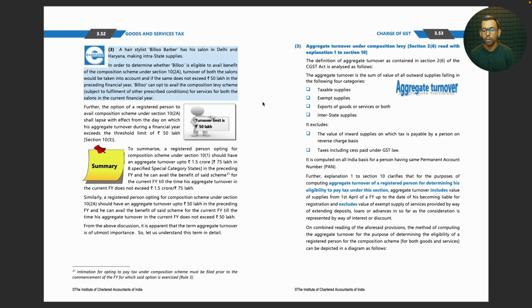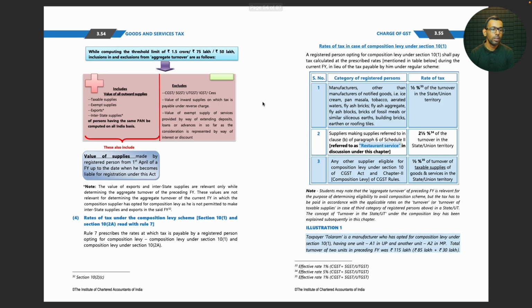On a combined reading of the aforesaid provisions, the method of computing the aggregate turnover for the purpose of determining the eligibility of a registered person for the composition scheme can be depicted as follows. First, included are all taxable supplies, exempt supplies, export, interstate supply, everything.